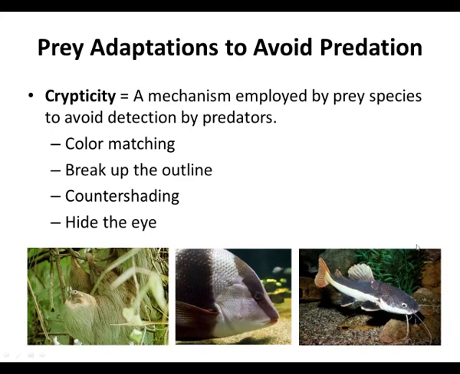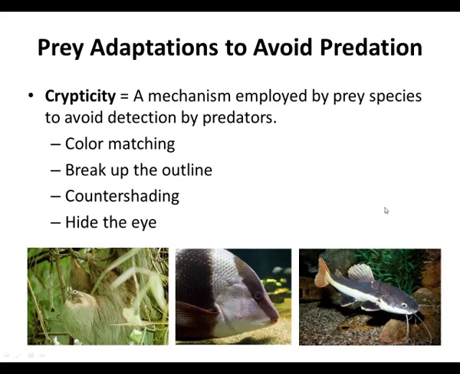So think about a predator attacking from above, and this dark color will actually blend in really well with the darker bottom of the habitat. And if another predator is trying to attack it from the bottom, then these light colors will perfectly blend with the very bright skies.